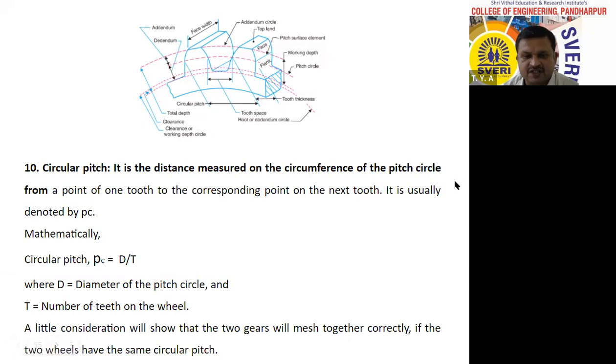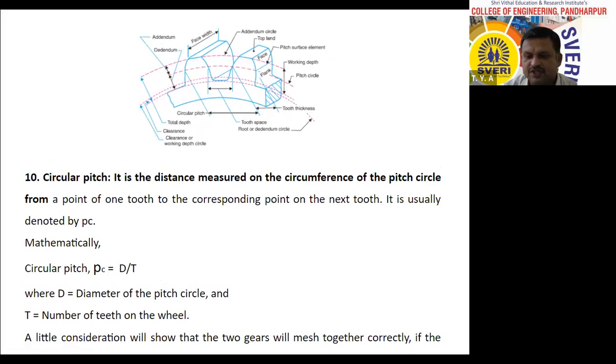Now, mathematically, circular pitch is denoted by PC. Therefore, PC is equal to pi D by T, where D is the diameter of the pitch circle and T is the number of teeth on the wheel. A little consideration will show that when two gears mesh together correctly, the circular pitch of the two gears must remain the same.